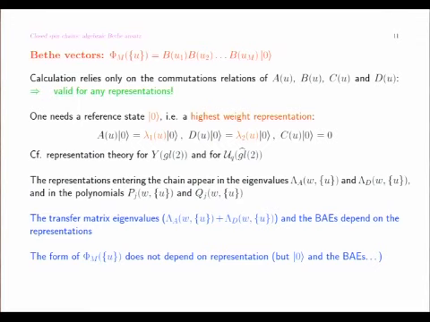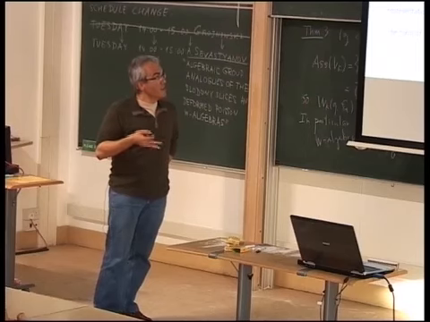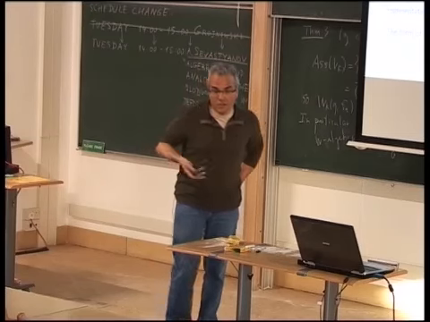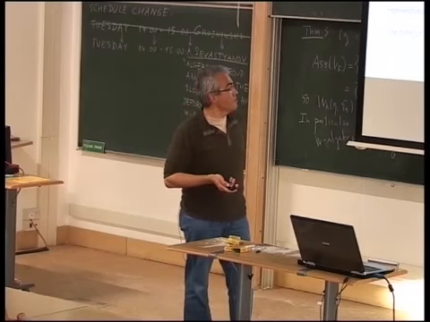And you get the Bethe equations and the eigenvalues of this vector with respect to the action of T. The form of this vector does not depend on the representation, since you were just using commutation relations.